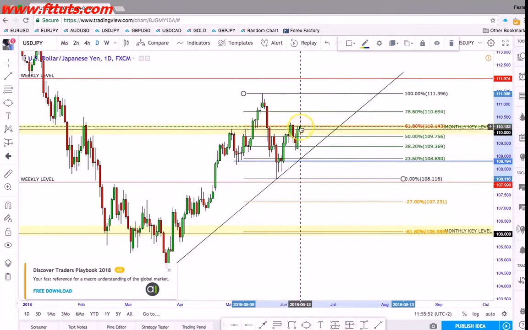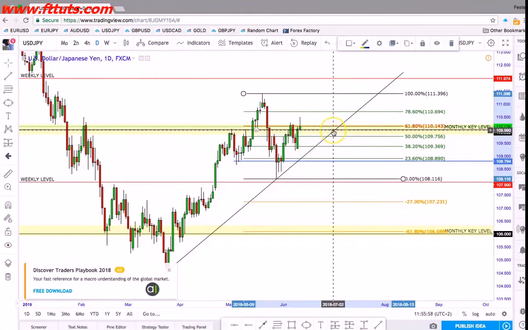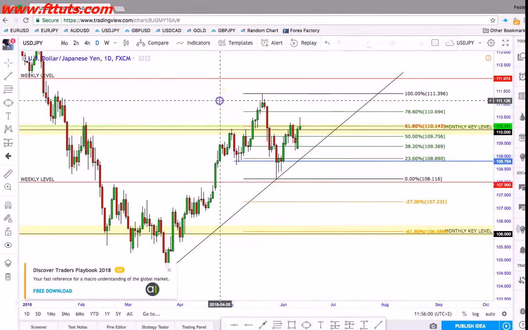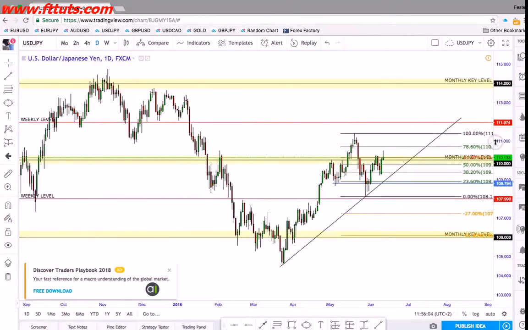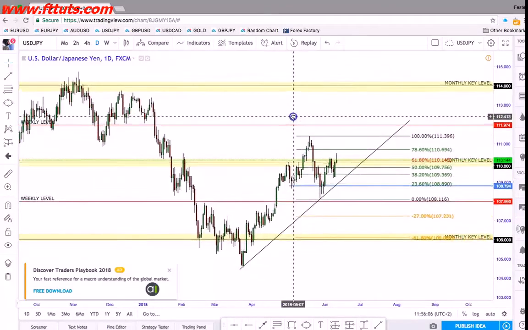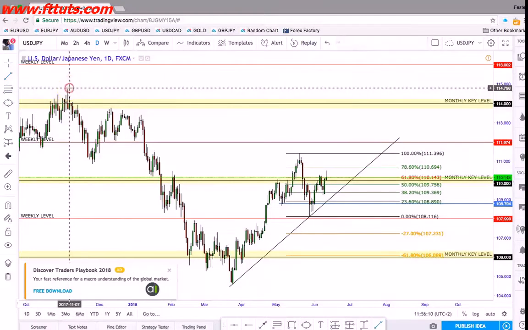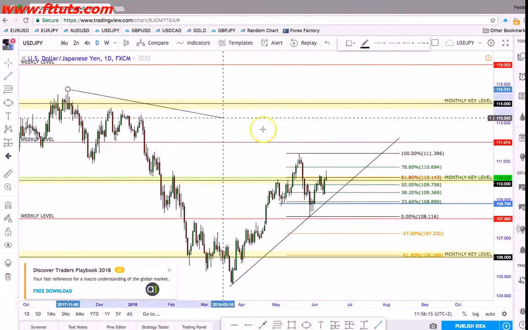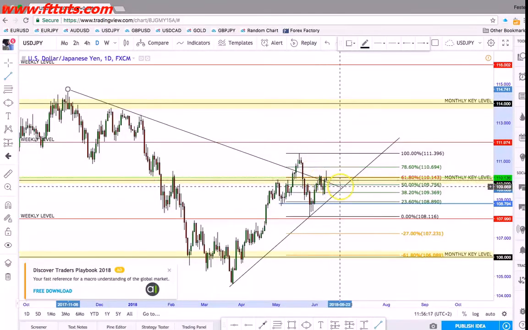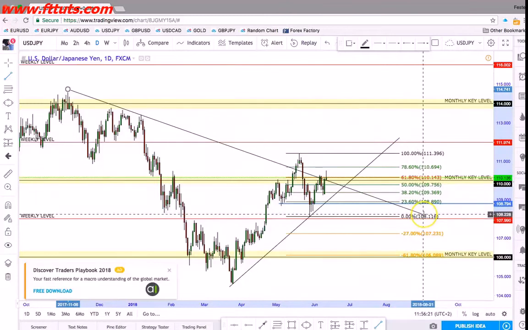So we have a head and shoulders pattern indicating price could move down, but we have an ascending trend line that's showing price to the upside. So if we zoom out a bit like this, let's take a trend line all the way from back here. Let's take a trend line from the top here, touch it on there, like that.